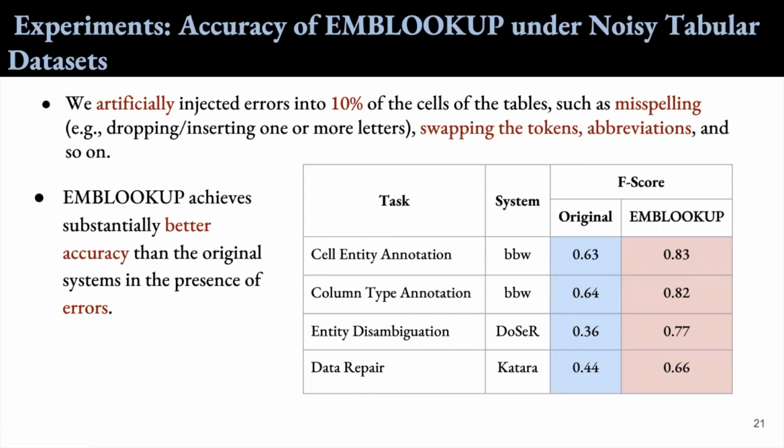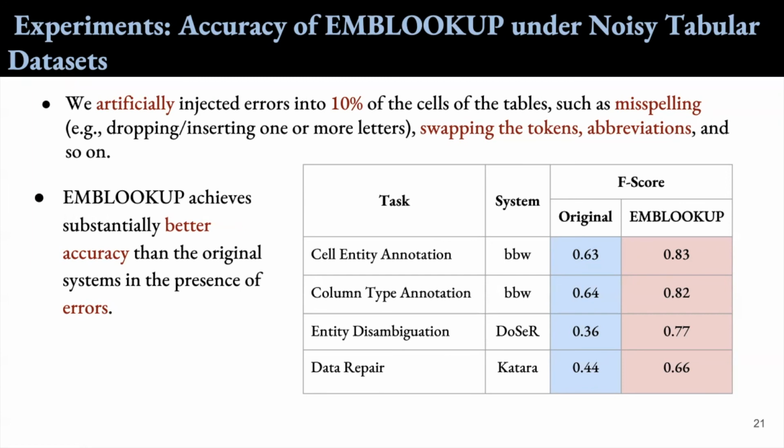In this experiment, we investigate how the performance of mLookup would be impacted by noisy datasets. For the same set of tasks, the same set of systems, and the same knowledge graph, in this case Wikidata, we tested the performance of mLookup and the systems on a synthetically created noisy dataset.